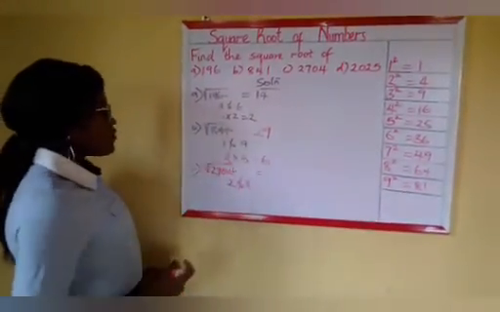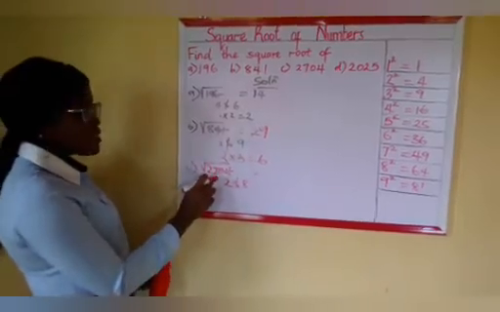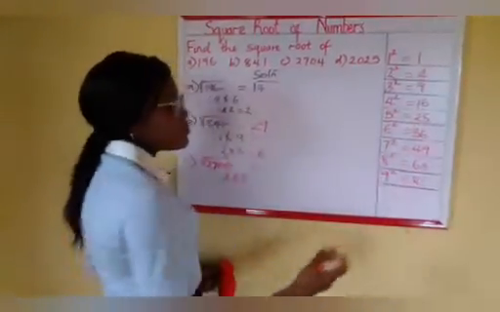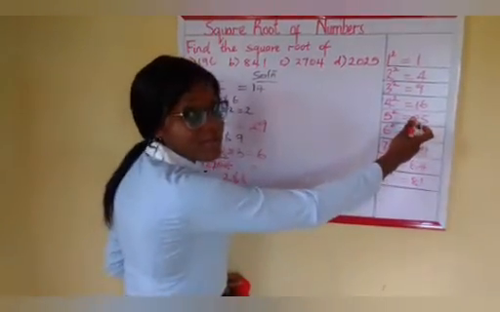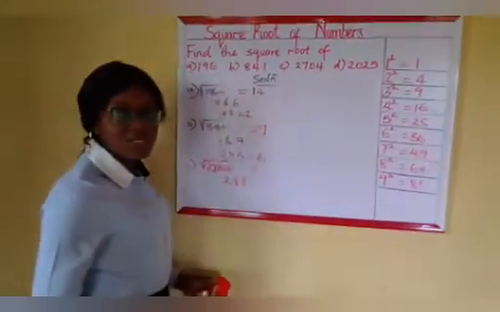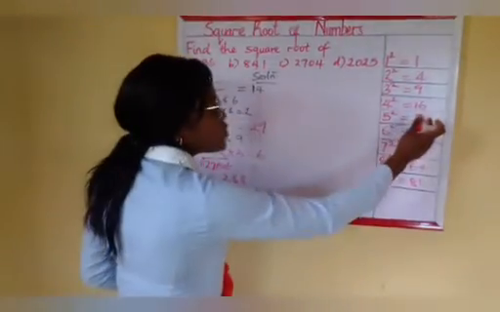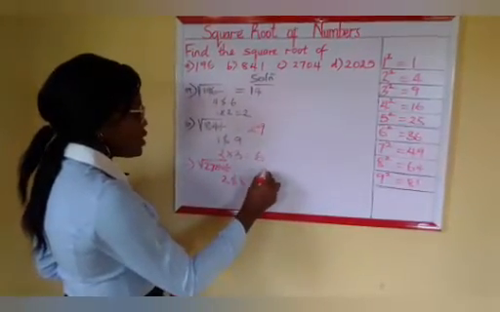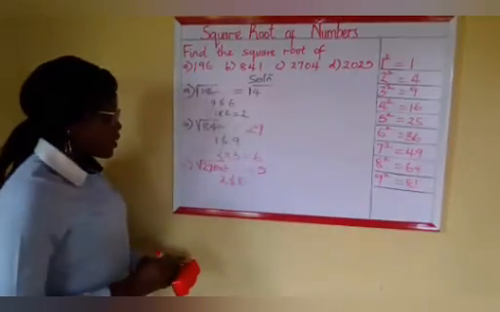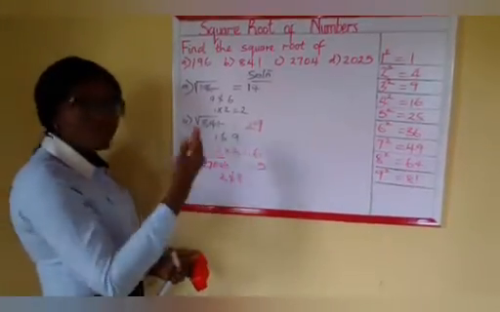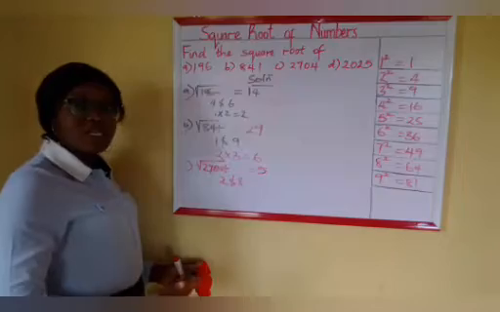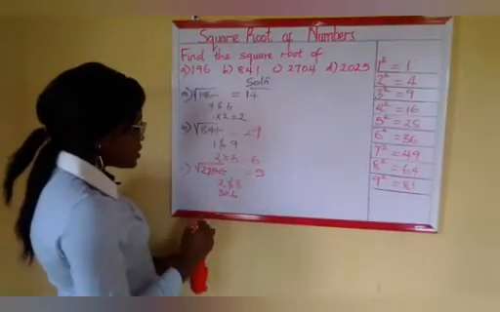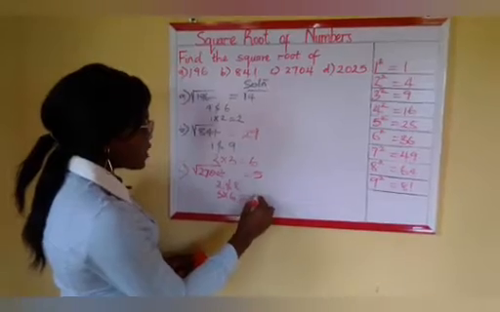Now looking at the square of numbers, which one will give us 27 or something close to 27? There is no 27 in the square of numbers, but we have 25. 36 is bigger than 27, so we can't use it. So let's go for 25, that is 5. Which means the first number will be 5. After 5 in counting numbers is 6. You have 5 times 6, which is equals 30.